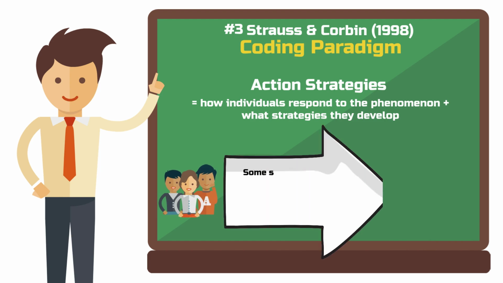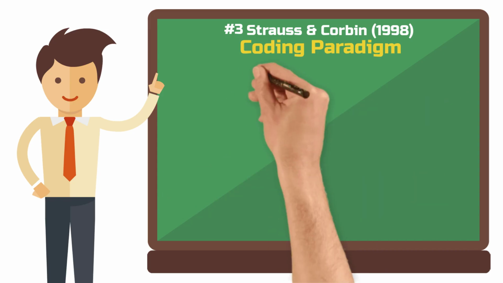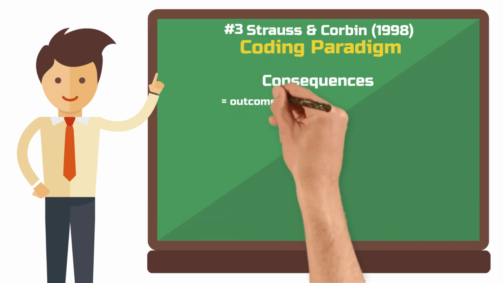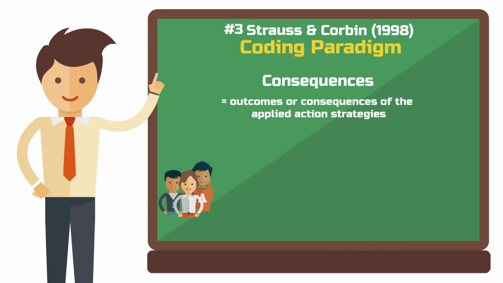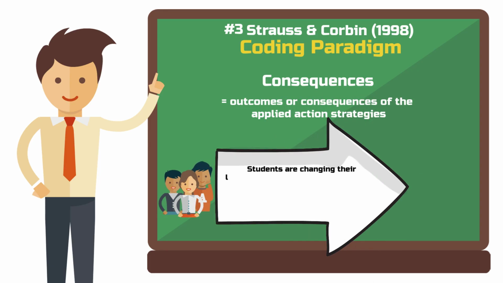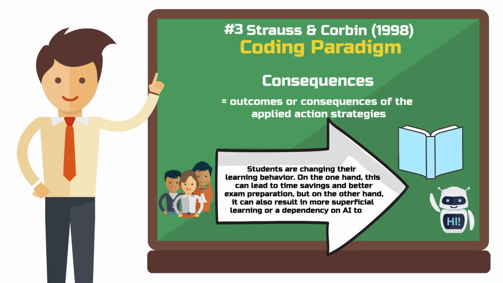For example, some students use AI tools intensively and regularly, others very selectively or critically reflectively, while still others avoid them completely. Consequences describe the outcomes or results of the action strategies applied. For example, students alter their learning behavior. This can save time and enhance exam preparation, but might also result in superficial learning or dependency on AI tools.